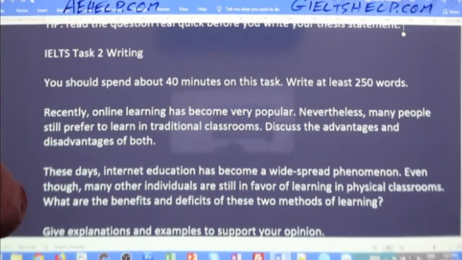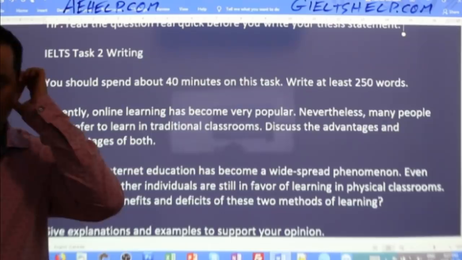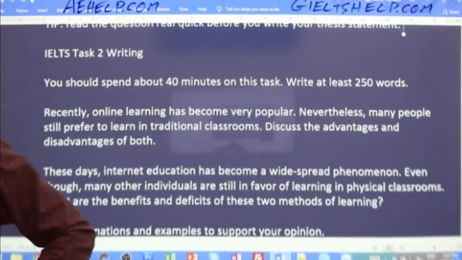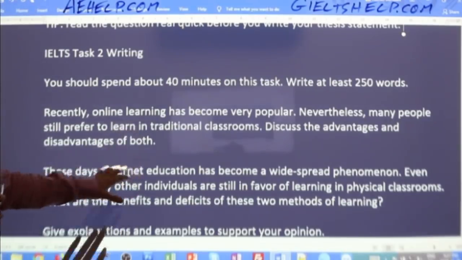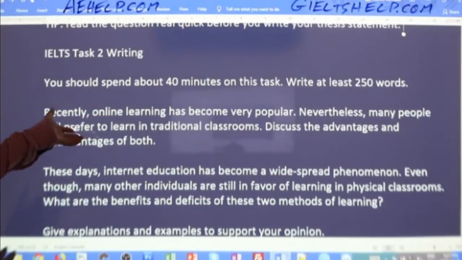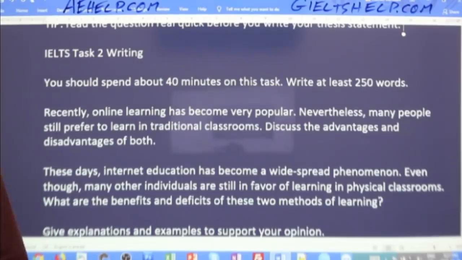You have to really pay attention to know what the exam is asking you. Careful, Mohammed. It's not asking which one do you think is more beneficial. It's asking you, that's a different question. It's a different type of task too, which it would be, which one do you think is better and why? That's a different question. Here it's asking you to discuss advantages and disadvantages of both. Okay?